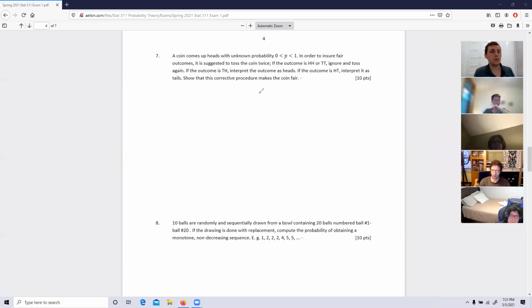So the way you can show that this works is we can calculate the probability of heads. The probability that I interpret it as heads means that I either get heads on the first trial, or on the second trial, or on the third trial, and each time, of course, I consider tossing the coin twice. I toss the coin twice, and then if the result is ignorable, I repeat.